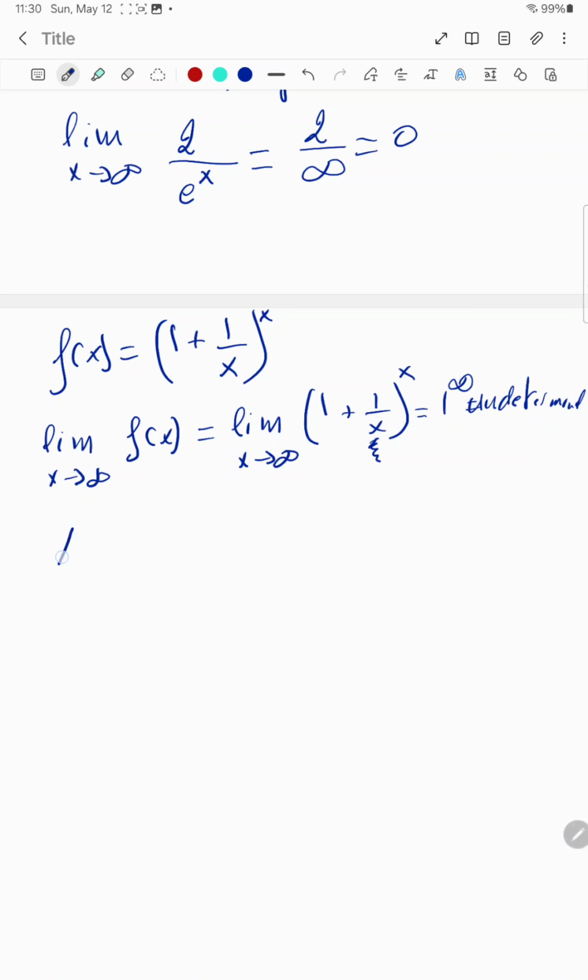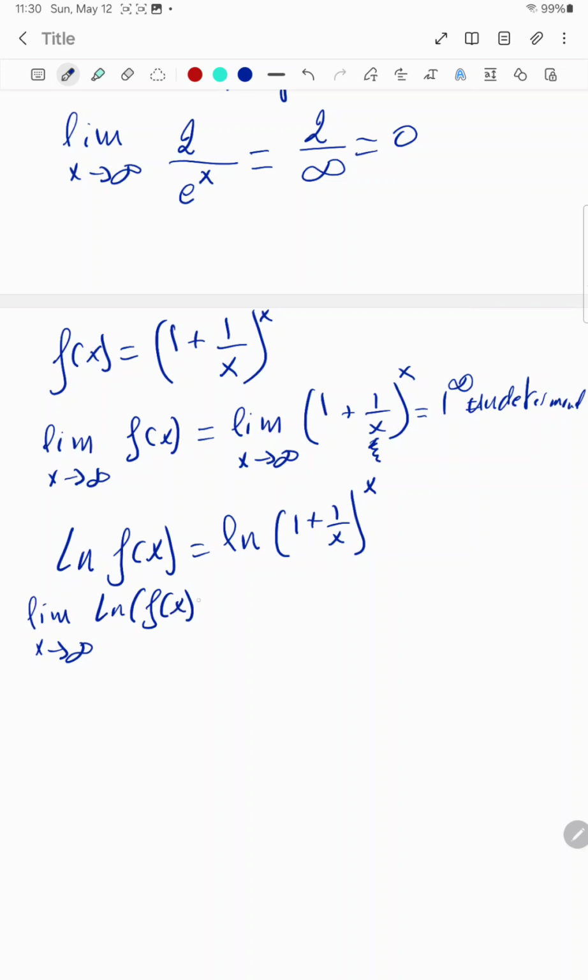So if I do ln of f of x equal ln of 1 plus 1 over x to the power of x, and I want to find the limit when x goes to infinity, I do the limit when x goes to infinity of ln of f of x, which is equal to the limit when x goes to infinity of ln of 1 plus 1 divided by x to the power of x.